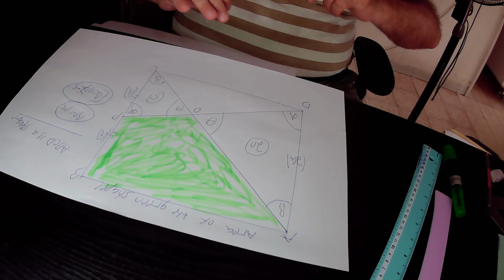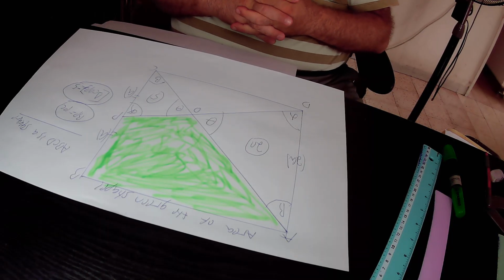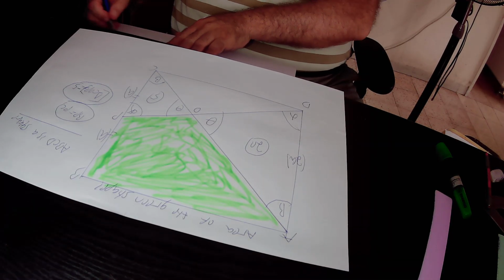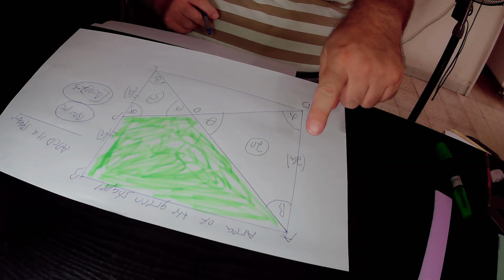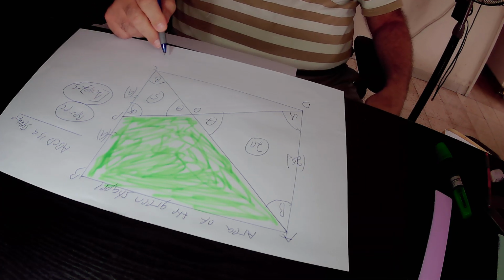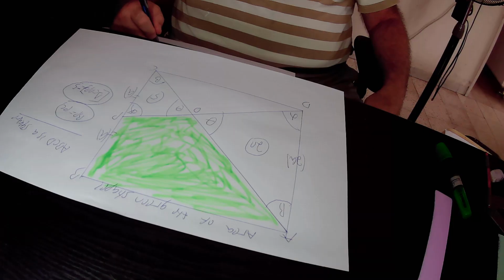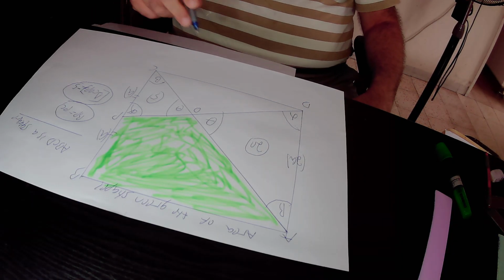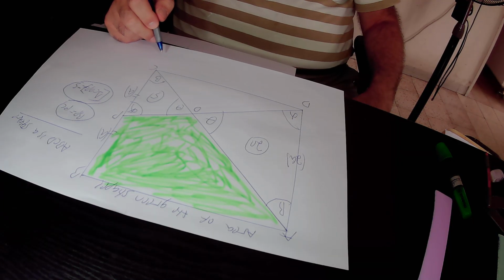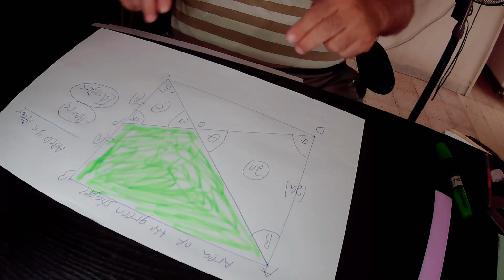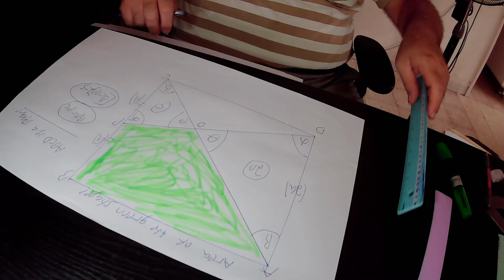Because those two triangles are similar to each other, the following relationship exists between their sides.